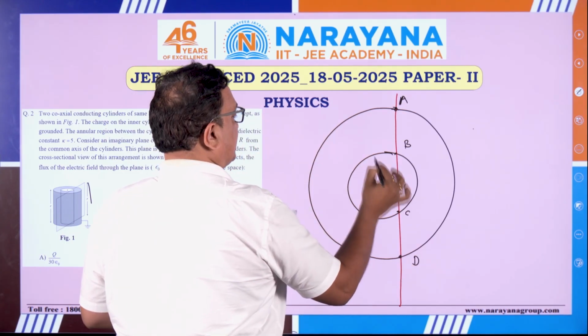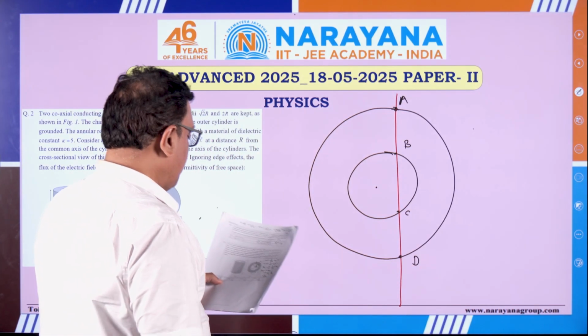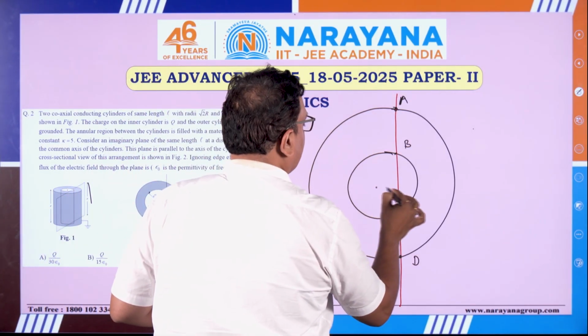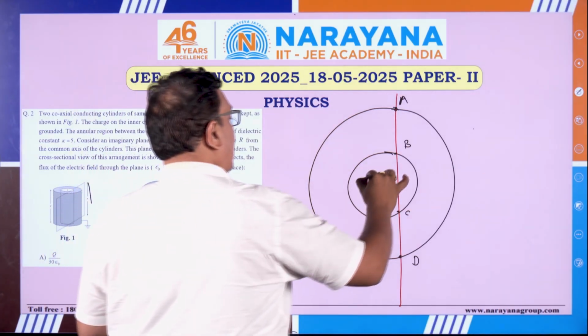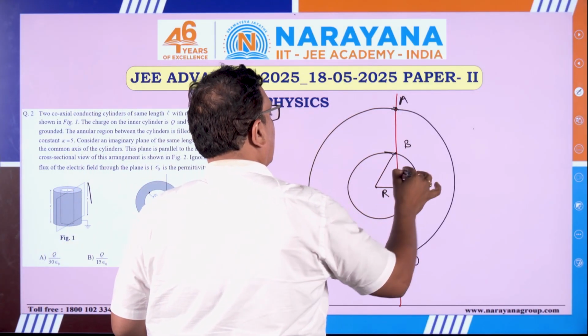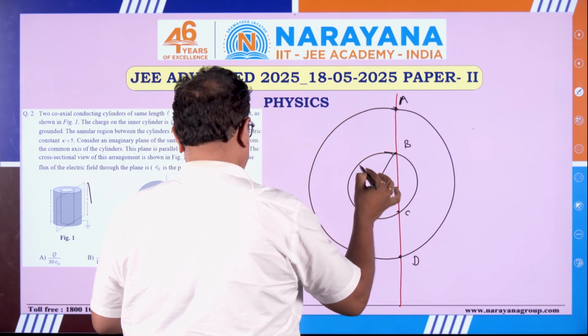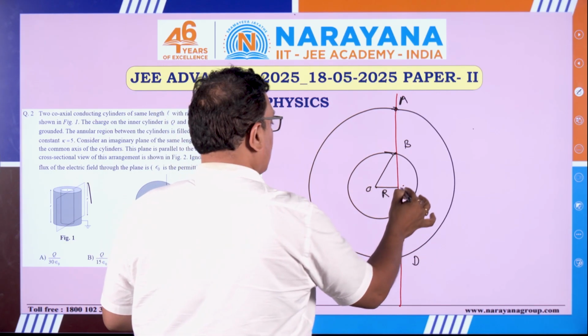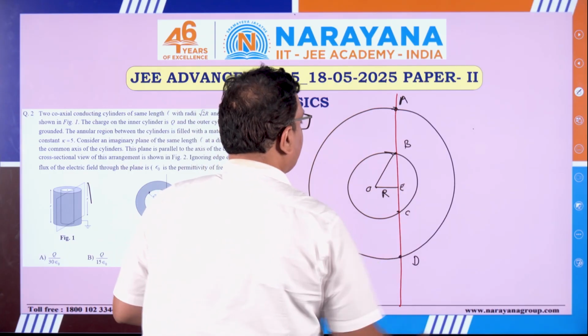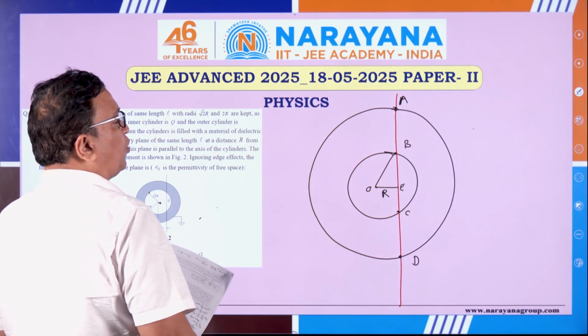Now, here is the center. They have given this distance as R. We will take this as O, and A, B, C, D is done. So we will go with E. Now, see the triangle OEB.